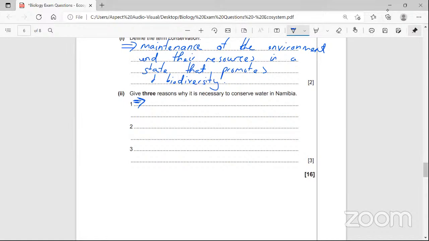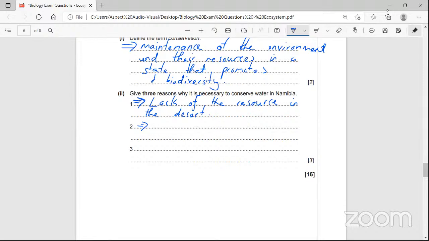So, lack of the resource, since it's the desert. Because of the climate, yes, you can, but then you need to explain what's wrong with the climate. It's a desert because there's lack of available water.